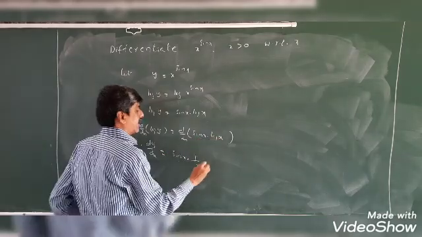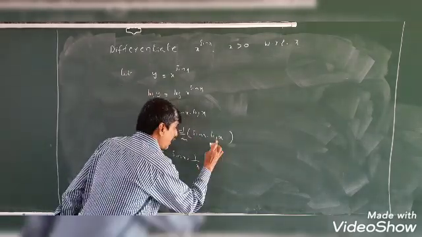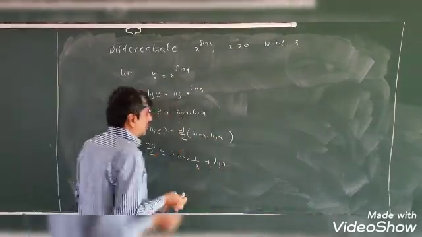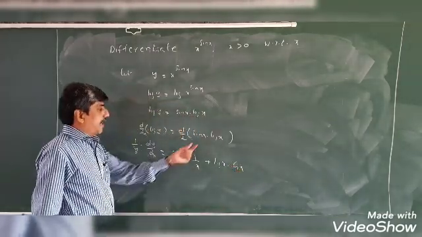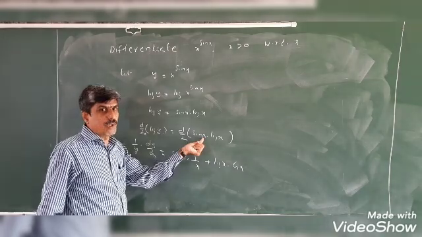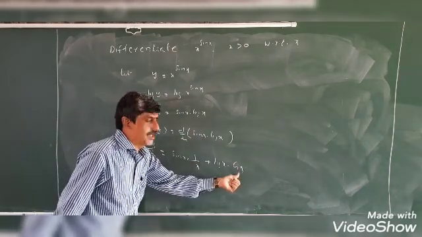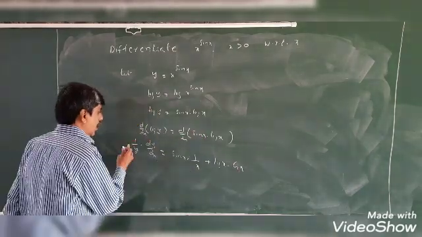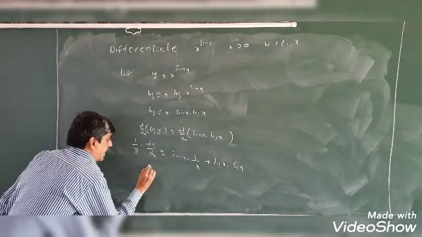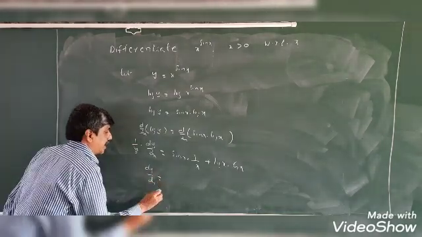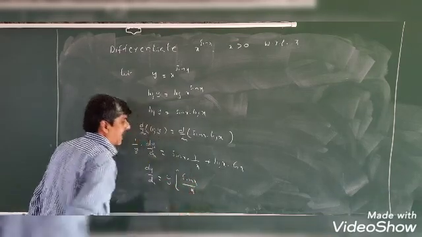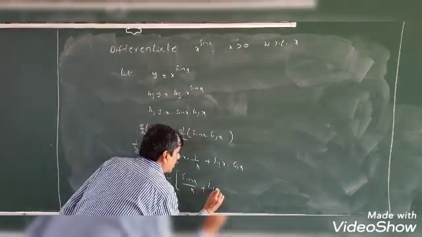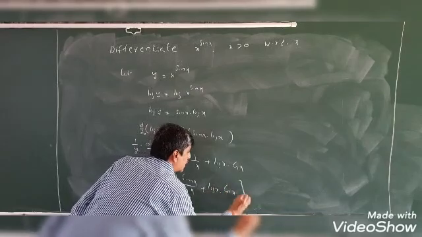Then plus v, log x, into d by dx of sin x. So that is cos x. Here also in the place of x, x only is there. The derivative of sin x is cos x. So take the y and shift it to this side. So dy by dx is equal to y into sin x by x plus log x into cos x.